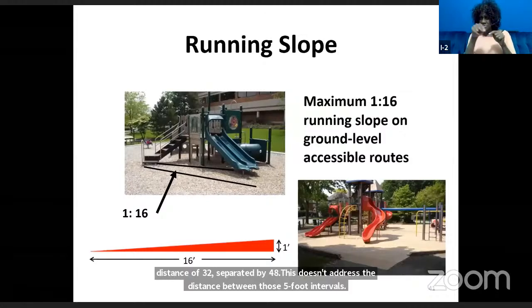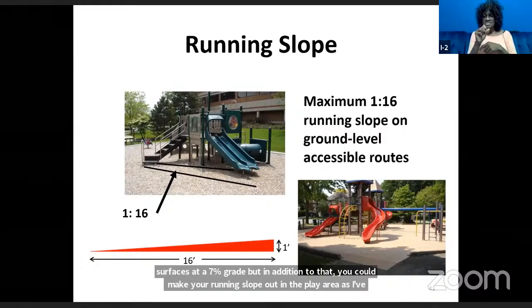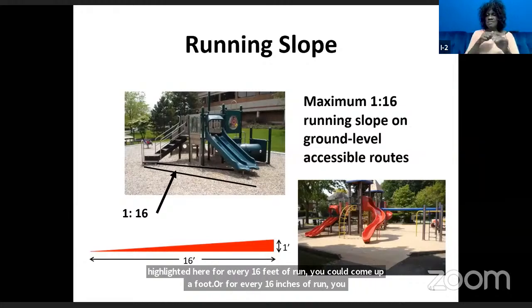Running slope maximum is a 1 in 16 slope. So remember, we were testing ground surfaces at a 7% grade, but in addition to that, you could make your running slope out in the play area. As I've highlighted here, for every 16 inches of run, you could come up an inch.